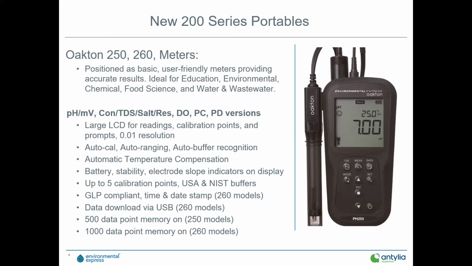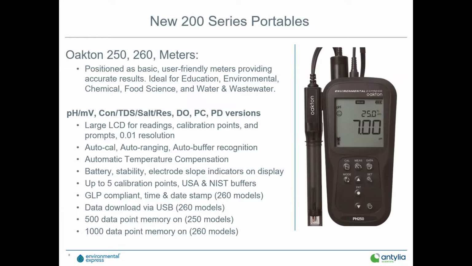They come in the pH millivolt or pH ORP, conductivity, TDS, salinity, and resistivity, which are the electrical conductance parameters, DO version, a PC version, which is pH plus all the electrical conductance parameters, and PD, which is pH and dissolved oxygen. Now, you'll notice that 0.01 resolution, it has automatic temperature compensation.